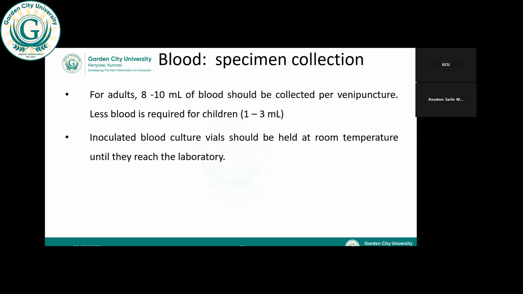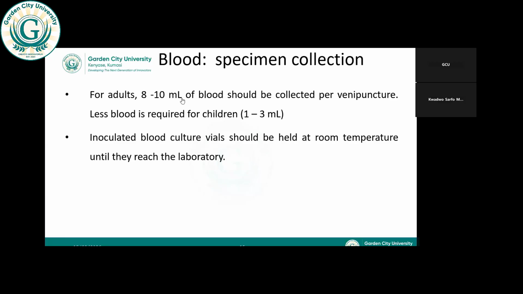So the volume you take for malaria test is not the same as the volume you take for blood culture. For blood culture, you're taking a lot of blood. For malaria test, you'll be using just a small amount of blood. So the volumes are not the same, depends on the purpose. Please take note of that.